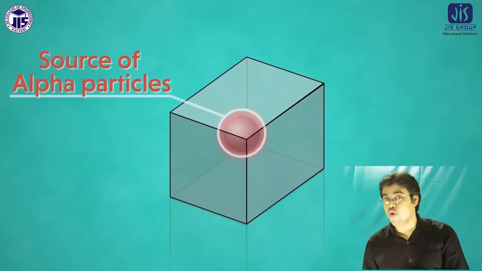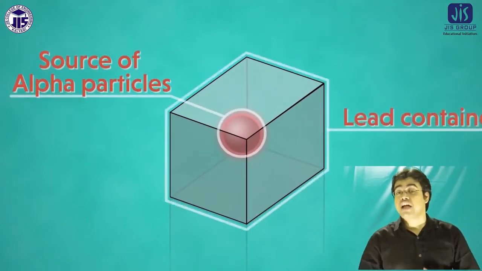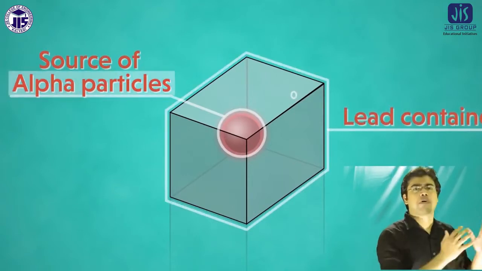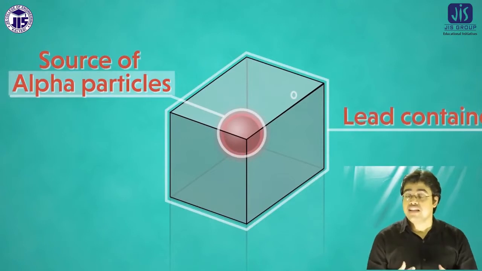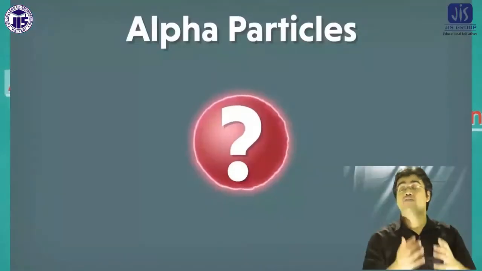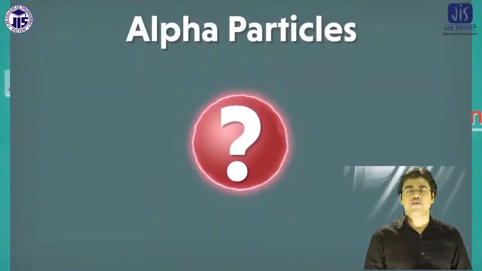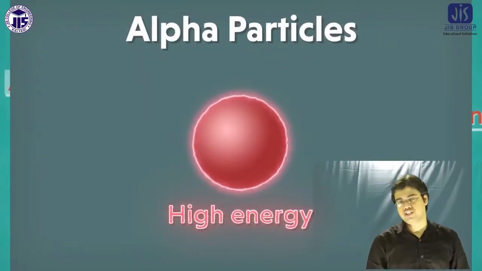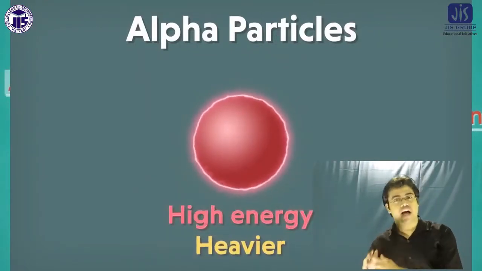Through that small hole, the alpha rays can pass in a straight line. And why did Rutherford use alpha rays? Because alpha rays have very high energy. Alpha rays are helium nuclei, that means He2+ ions.